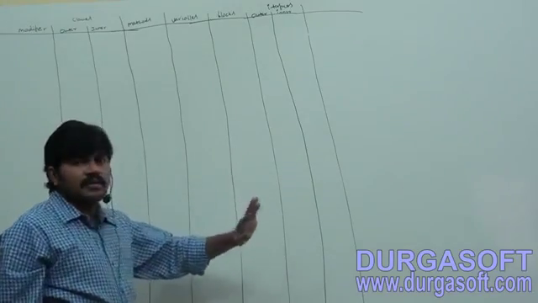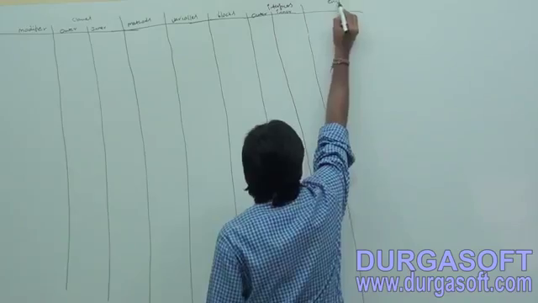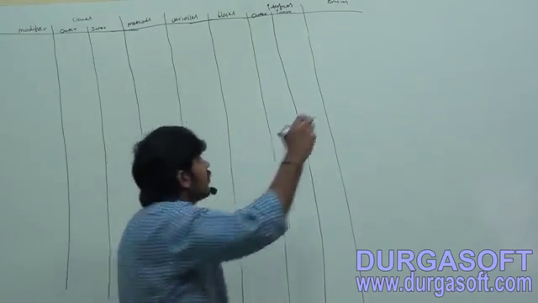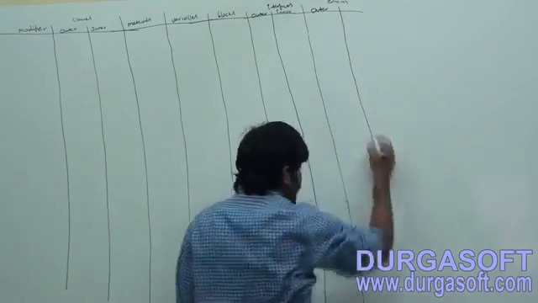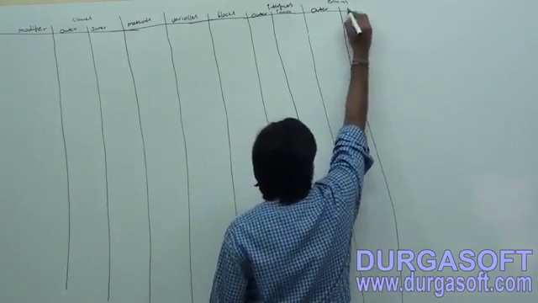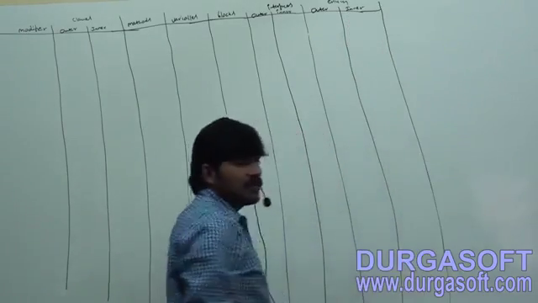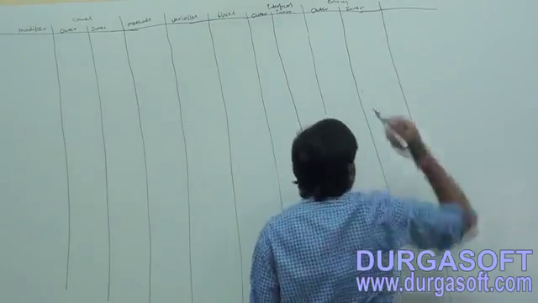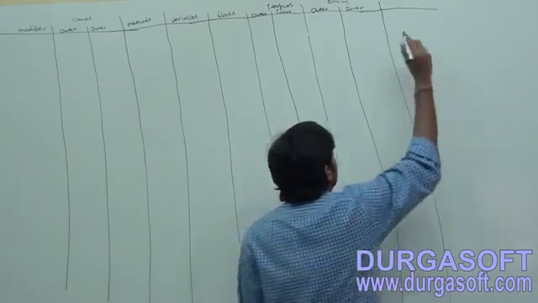After that, is it applicable for enum or not? For enum also, there is outer enum and inner enum. And then the next concept: is it applicable for constructors or not?